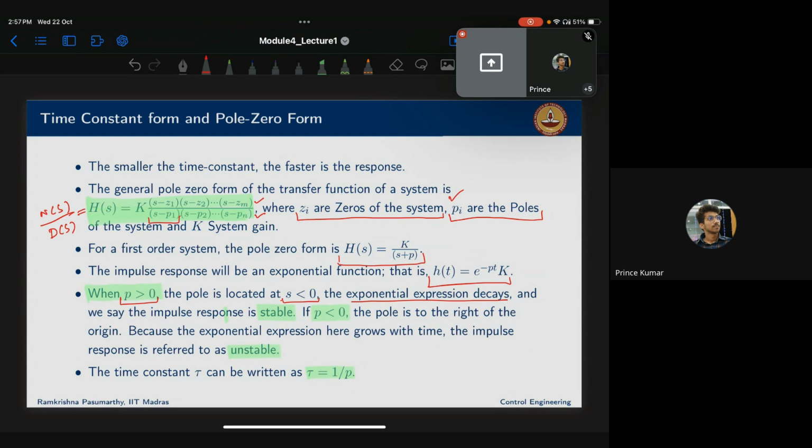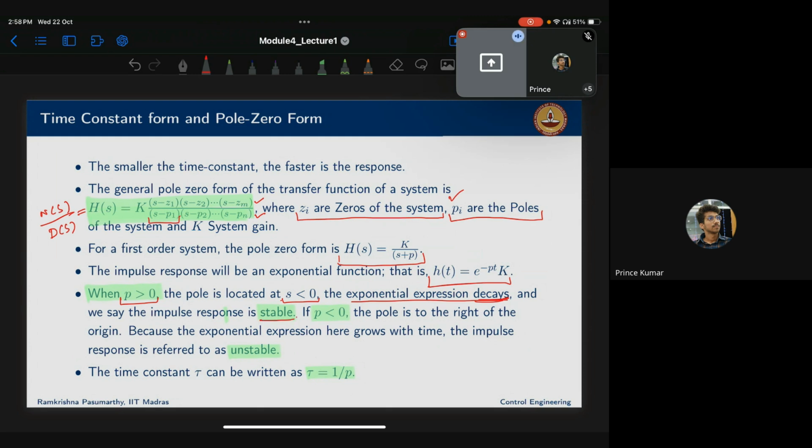If you take the inverse Laplace, you will get h(t) as e power minus pt. If p is greater than 0, this is e power minus some at. As time increases, the response decays, and we say that the system is stable.